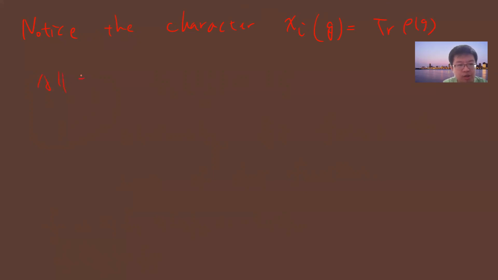So all the characters we mentioned in the previous videos are class functions. How many of them? The question is that we don't know. Since we have not proven anything, we don't know how many irreducible representations there are. But we know that they are orthogonal with respect to the inner product.